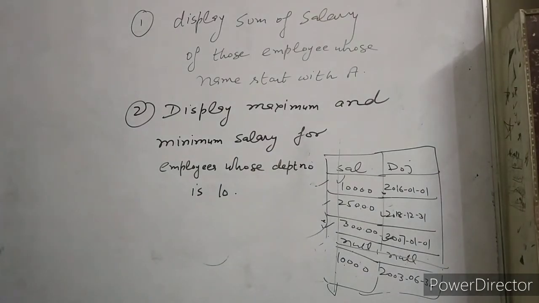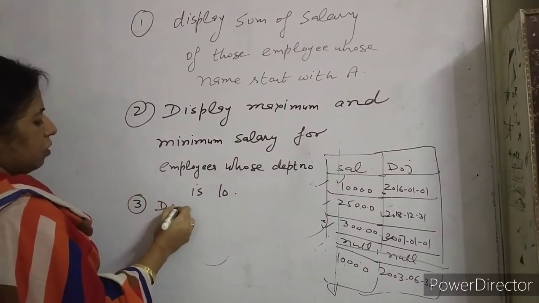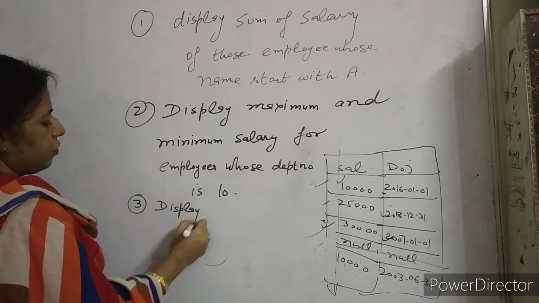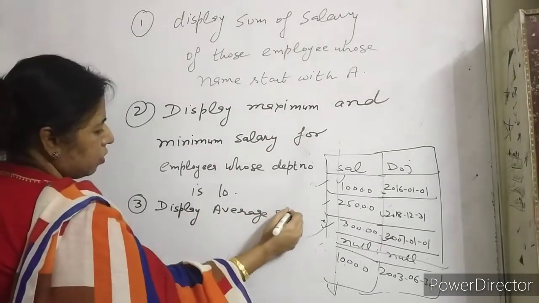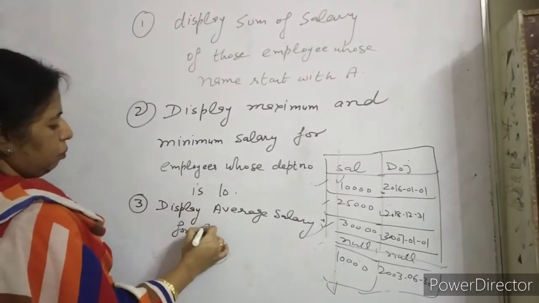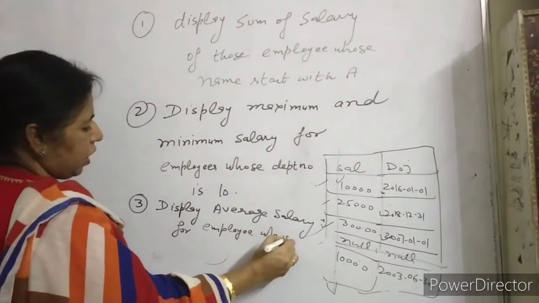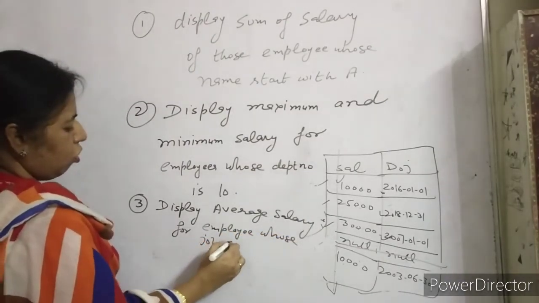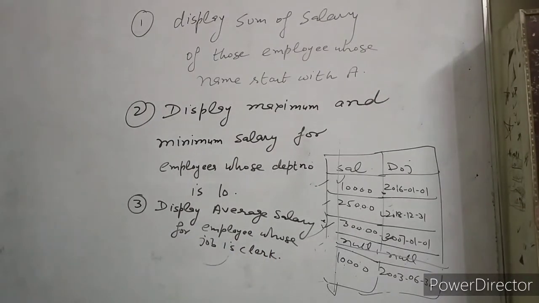Display maximum and minimum salary for employees whose department number is 10. Third question: display average salary for employees whose job is clerk. Okay? Note down these 3 questions.